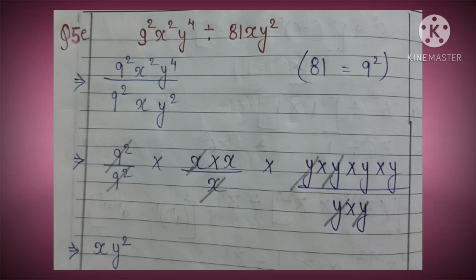Now 9 is the numeral constant, with 9^2 x^2 y^4 as the numerator and 9^2 x y^2 as the denominator. So 9^2 gets cancelled. Out of x^2 we reduce one x, and out of y^4 we reduce 2 y's. That is how we are left with x y^2 as the answer.